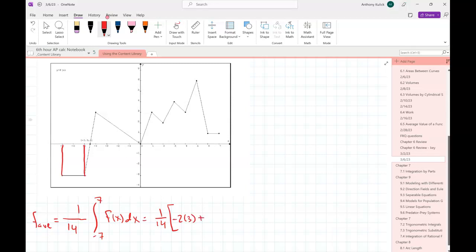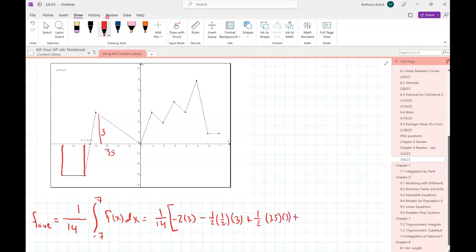And then I have this little guy here, that's 1/2 base, which is 1/2, times height, which is 3, but that's a negative guy there. Then plus, I have this triangle, whose base is 3.5, whose height is 3.